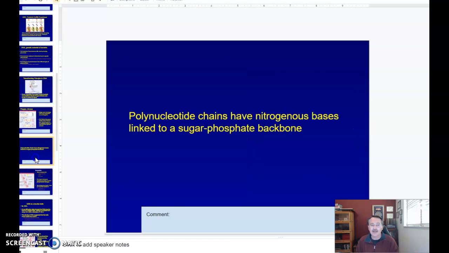All right, and the last slide here, slide number 12, polynucleotide chains have nitrogenous bases linked to a sugar phosphate backbone. So what I'd like you guys to put down for a comment on this is poly means many, nucleotide is nothing more than a phosphate, sugar, and a base.